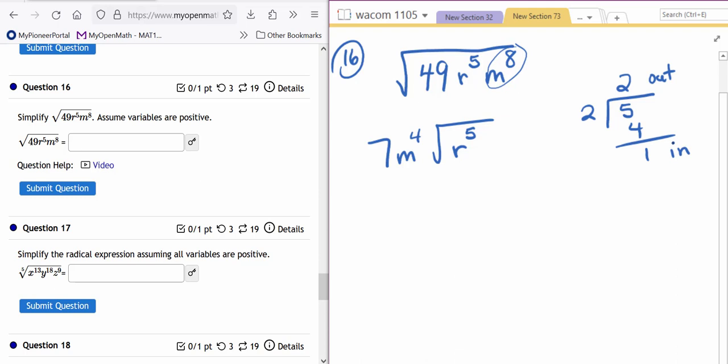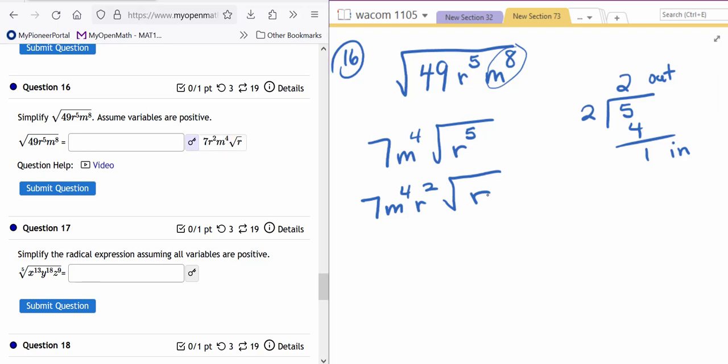So we're going to take 2 r's outside, and we're going to leave 1 r on the inside. And your order here of your variables does not matter. Because they're all multiplication, you can have any order that you want.